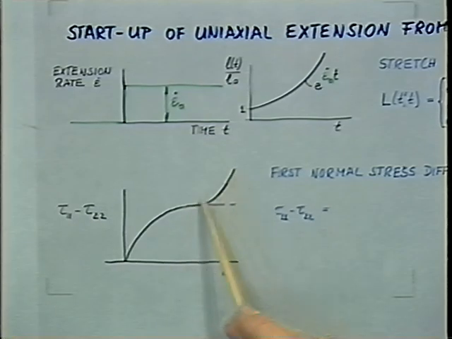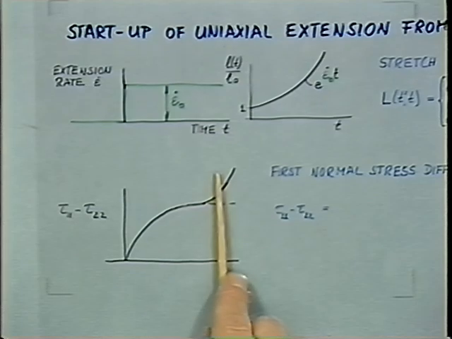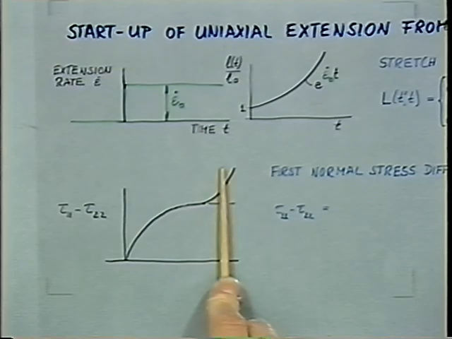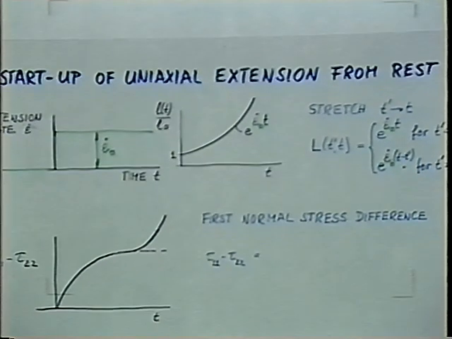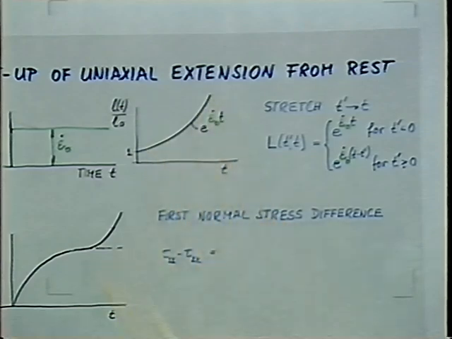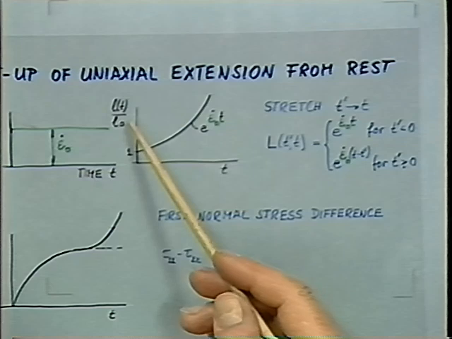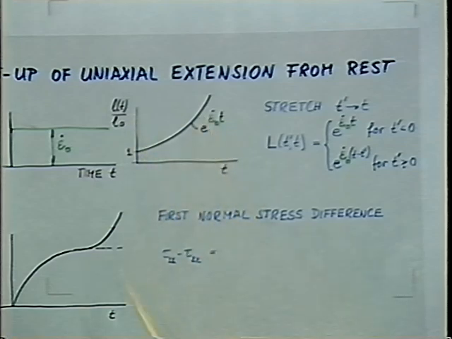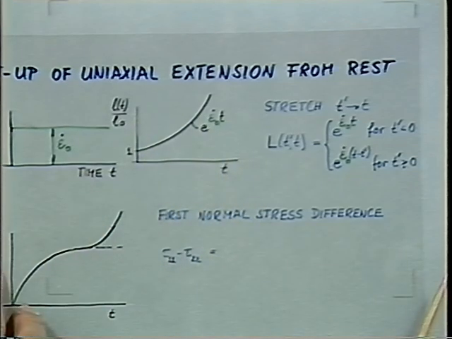So that was the experimental finding, that at some finite time or finite strain, there's a breaking and the stress increases. The total strain is given by a growth like this, exponential growth. That would be the length change of our sample in an experiment at constant extension rate.